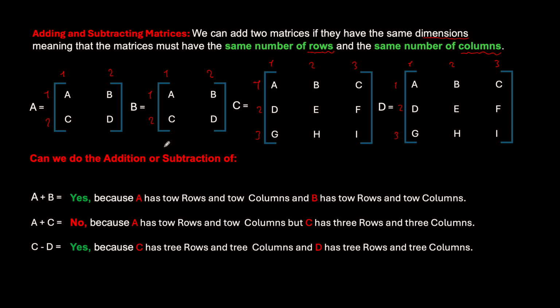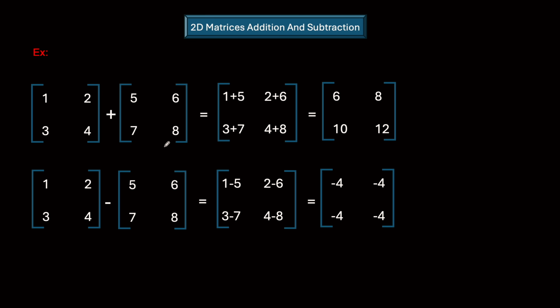Let's see some examples. We will make the addition of this matrix with this matrix. We always keep in mind, we take the number in the first position and add it with the number in the first position in the second matrix, and the number in the second position in the first matrix with the number in the second position in the second matrix.